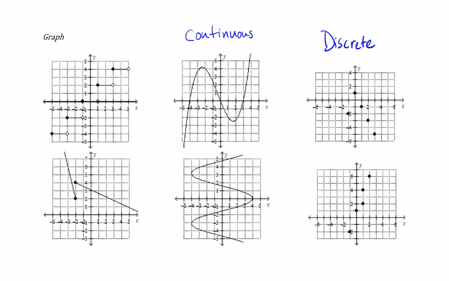Okay. All right. On a graph, usually the x-axis is the input axis or the independent axis, and the y-axis is the vertical or the dependent axis, right? Okay. So inputs on the x, outputs on the y.